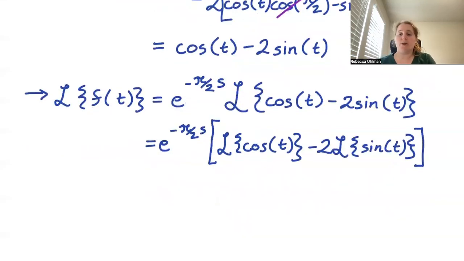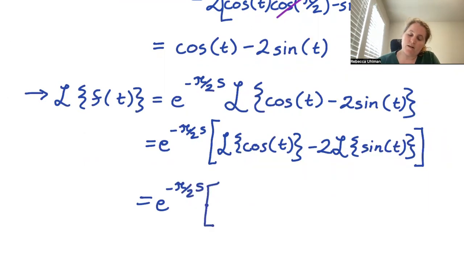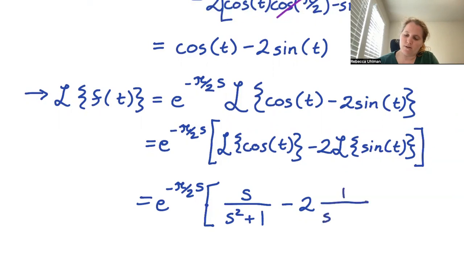Laplace transform of cosine and Laplace transform of sine are both ones that we are familiar with. So we get e to the negative pi over 2 times s multiplying the Laplace transform of cosine of t, which is s over s squared plus 1. Then we have minus 2 times the Laplace transform of sine of t, which is 1 over s squared plus 1. So we wind up with e to the negative pi over 2s multiplying s over s squared plus 1 minus 2 times 1 over s squared plus 1.